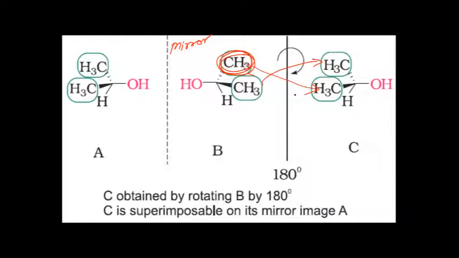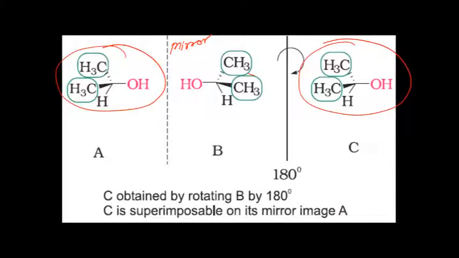Getting the point? Now if you compare these two structures, they are exactly the same, superimposable on each other. Because they are superimposable, this carbon is not an asymmetric carbon. This will not show optical activity. This is not a chiral molecule.